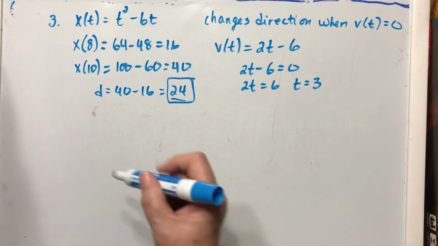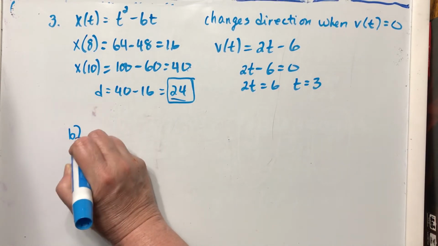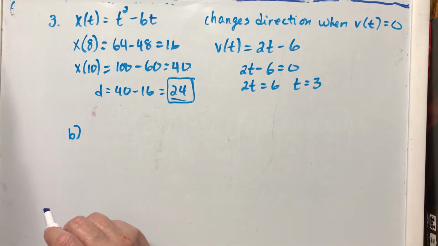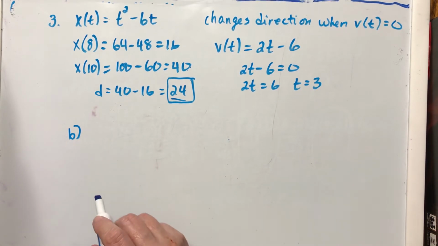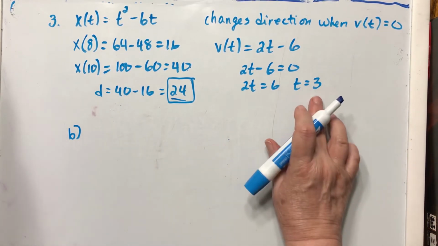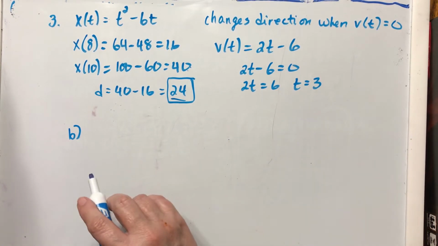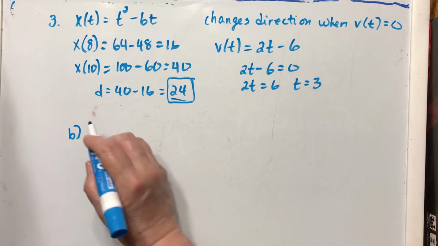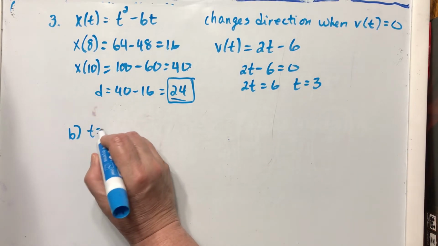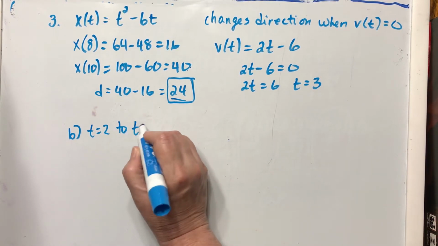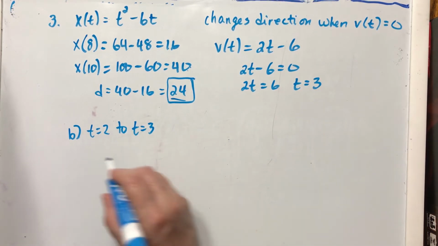But now notice part B. It says how far does it travel between the 2nd and 4th seconds. So since we know it changes direction at 3, we need to figure out how far it goes from t equals 2 to t equals 3, because t equals 3 is where it changes direction.